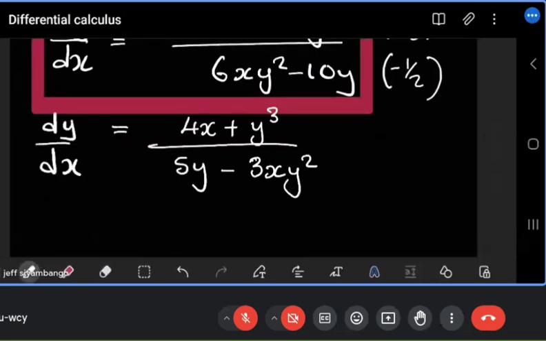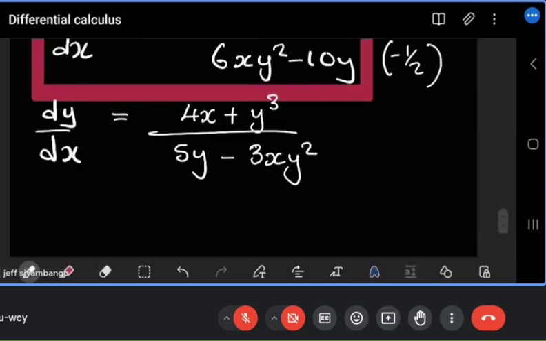Any questions so far? Okay, so this looks like it is fine.